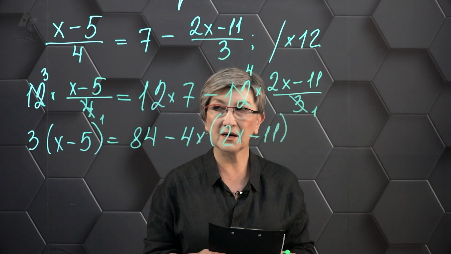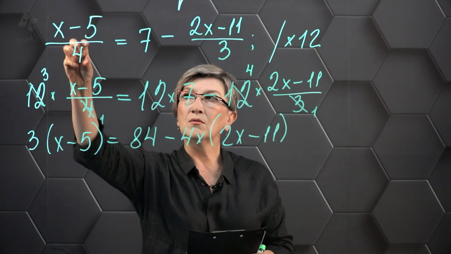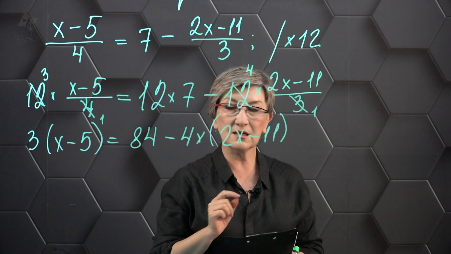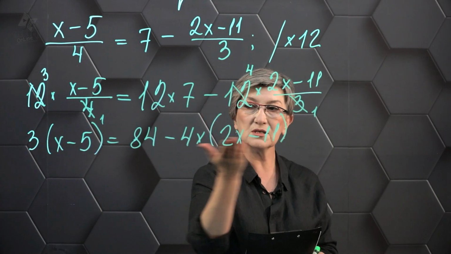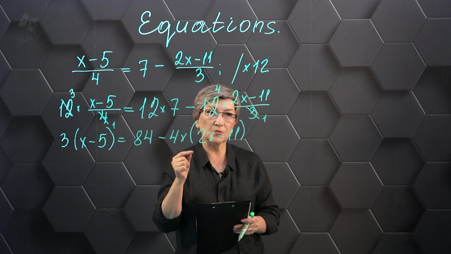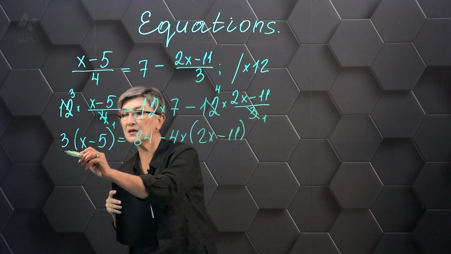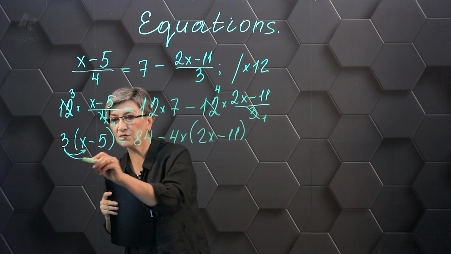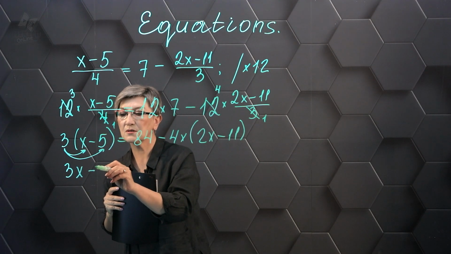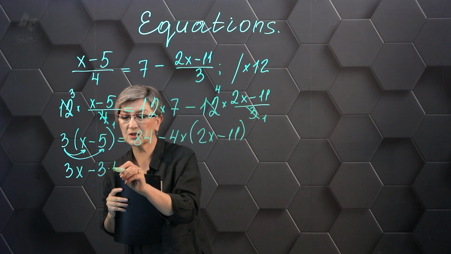Now notice, we got rid of the fractional numbers 4 and 3. The result is an equation like this. We can see the parentheses in this equation, but we can apply our property and multiply 3 times x minus 3 times 5.